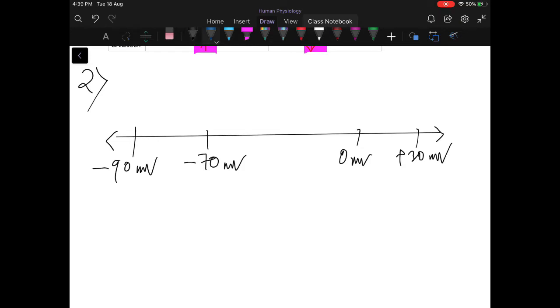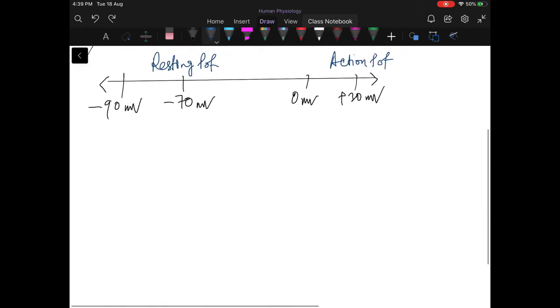Minus 70 millivolt is the resting potential, and plus 30 millivolt is the action potential. So through this graph-like representation, I am going to talk about polarization, depolarization, repolarization and hyperpolarization. First, depolarization. When the voltage goes from minus 70 millivolt to plus 30 millivolt, we call it depolarization.